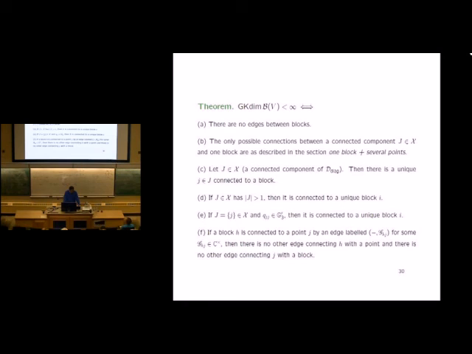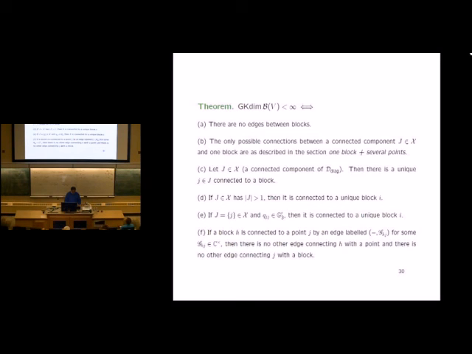If the connected component has one point, and this one point is labeled by a third root of unity, then it is connected to only one block. And if a block is connected to a point, then essentially we have an edge which has mild interaction, so it is labeled by -1 and the ghost, then there is no other edge connecting this block with a point.